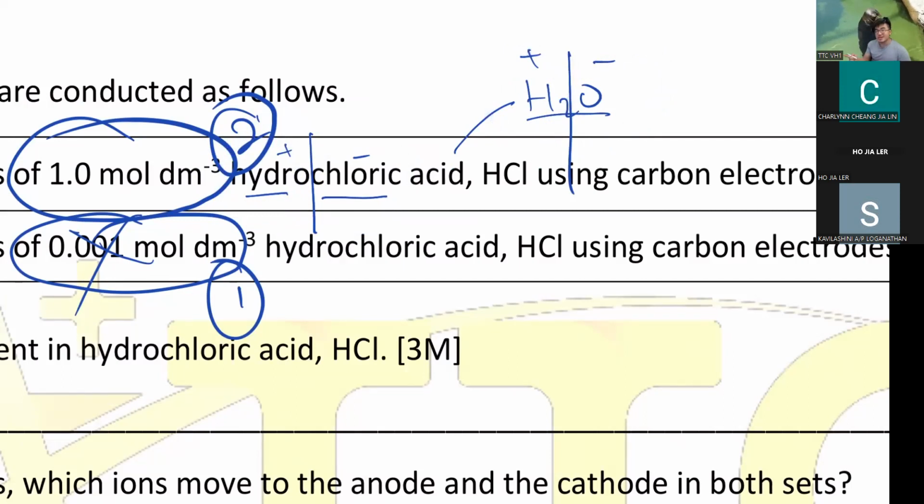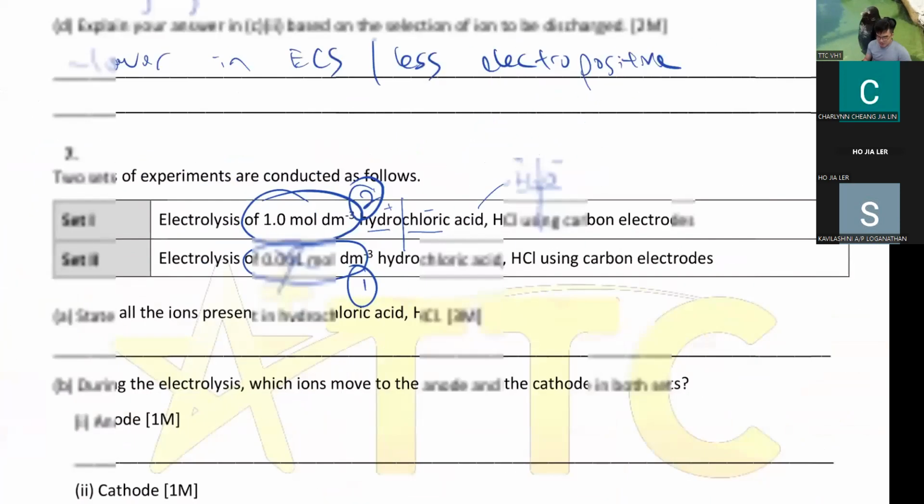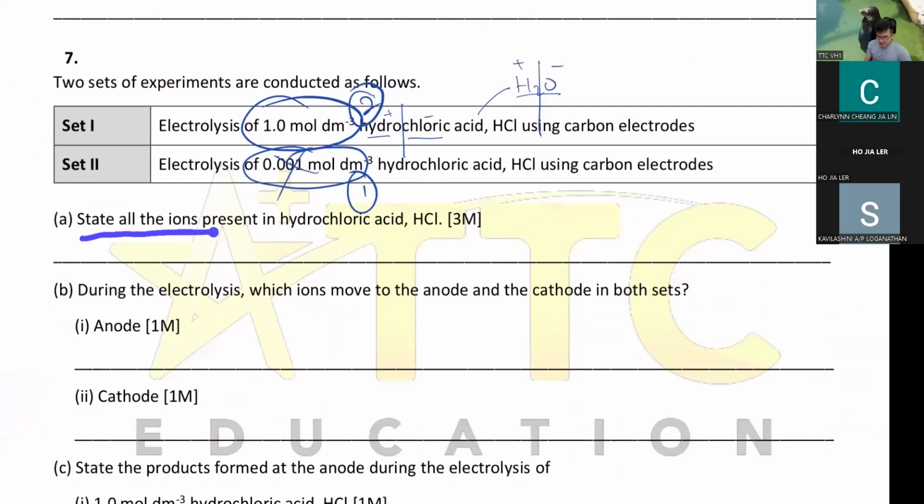And then the girls are the chloride, and the oxygen, the hydroxide. So state all the ions present in hydrochloric acid. You have your hydrogen ion. There's only 1 guy here. And then you have your chloride ion, your Cl. You have your hydroxide ion.